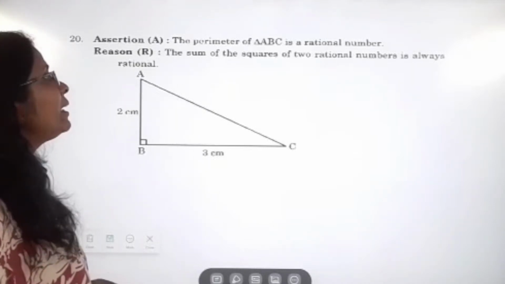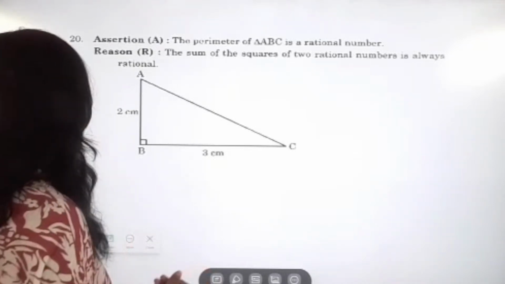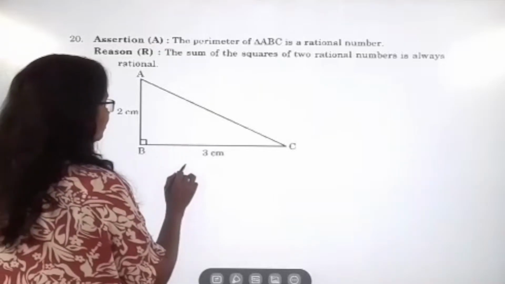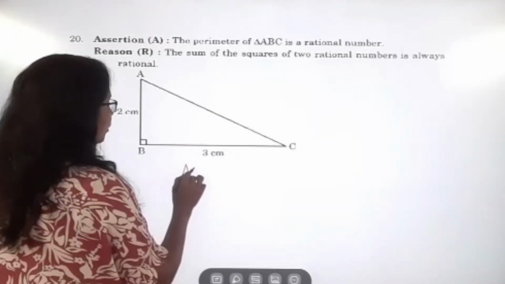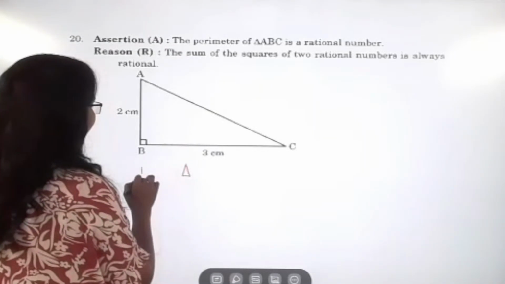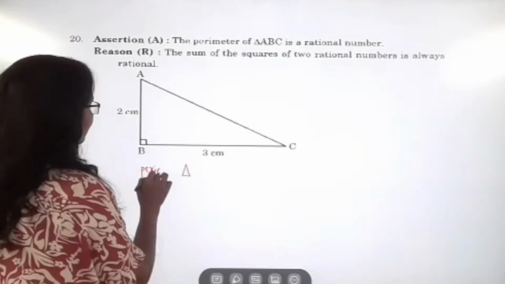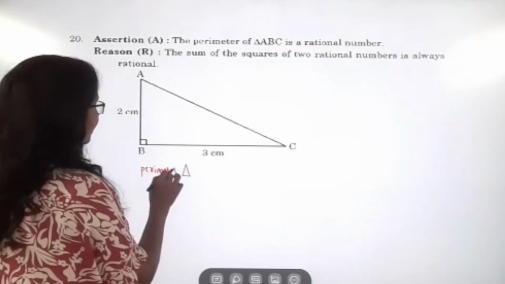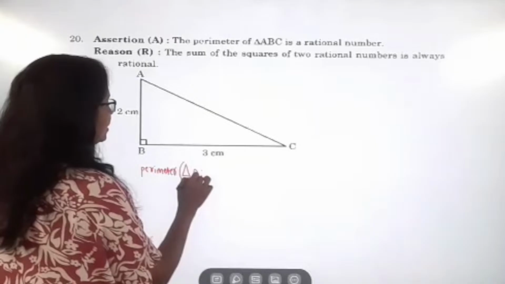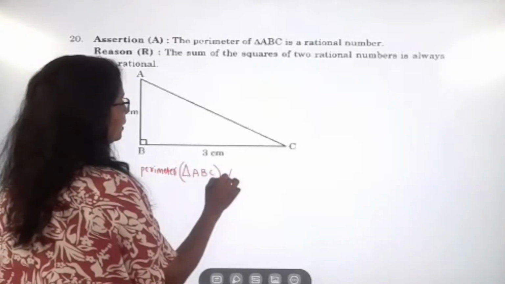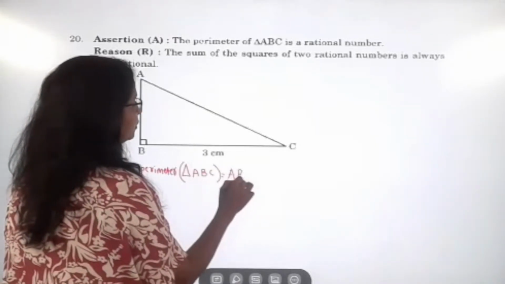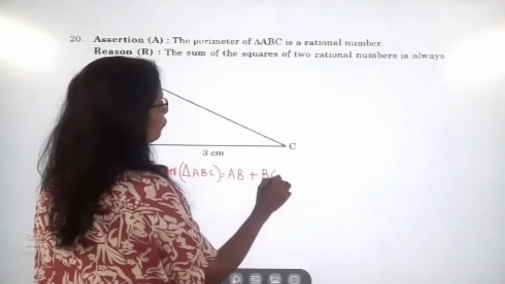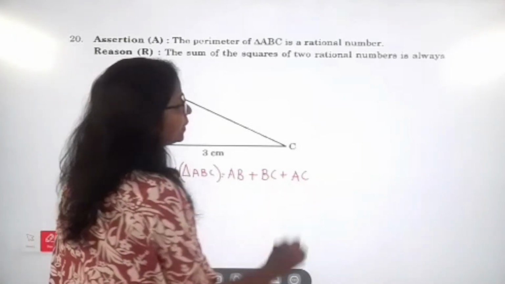Students, here this is the figure of triangle ABC. So now the perimeter of triangle ABC, how can we calculate? That is adding the lengths of the sides.